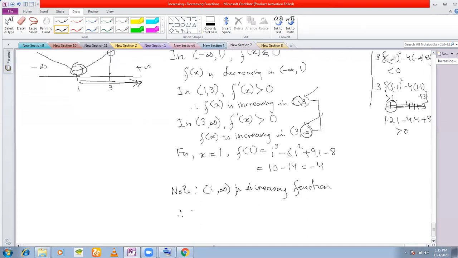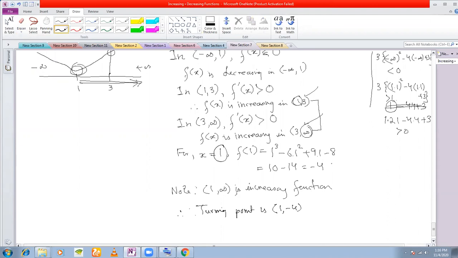And therefore, what is this turning point? Tell me fast. Turning point is what? Turning point is only one, which is (1, minus 4).